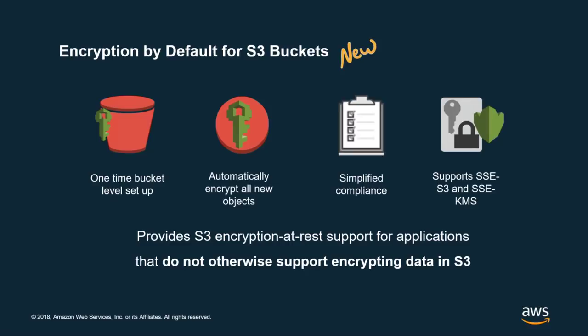It's a one-time bucket level setup. It automatically encrypts all new objects, and the emphasis is on new here. It doesn't go back and encrypt existing objects in a bucket, makes it simpler to get compliance, and once again, this supports both server-side encryption S3 and server-side encryption KMS.